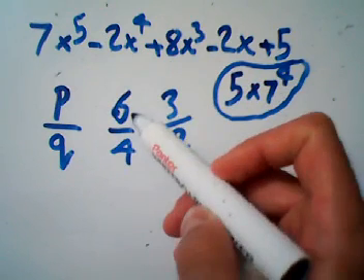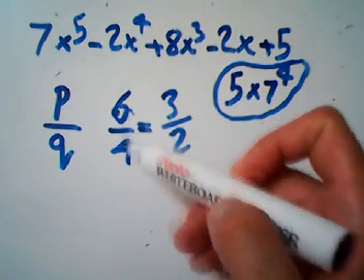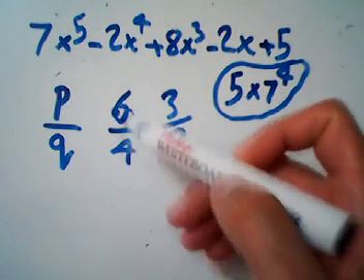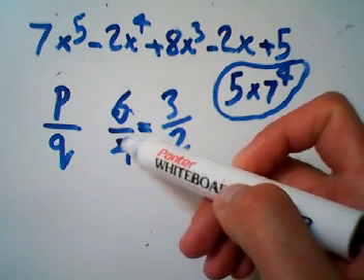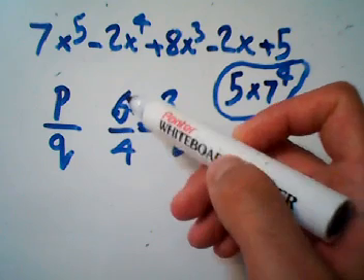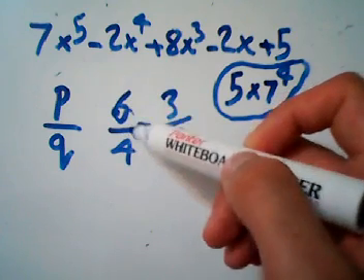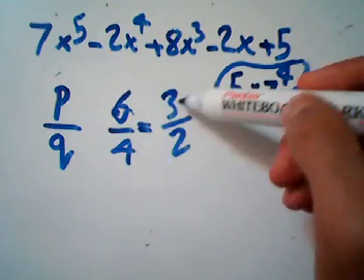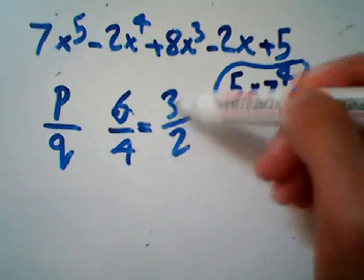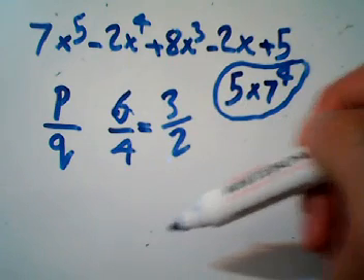But here, 6 and 4 are not relatively prime, because the greatest common factor of those is not equal to 1. But these two are relatively prime. Okay.